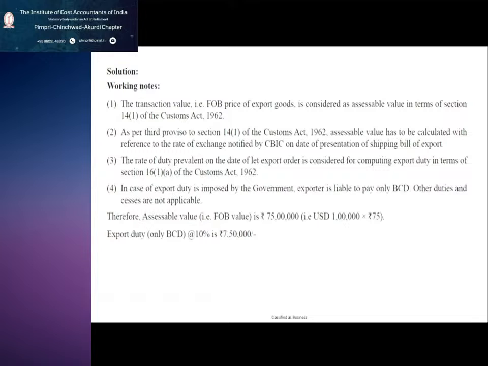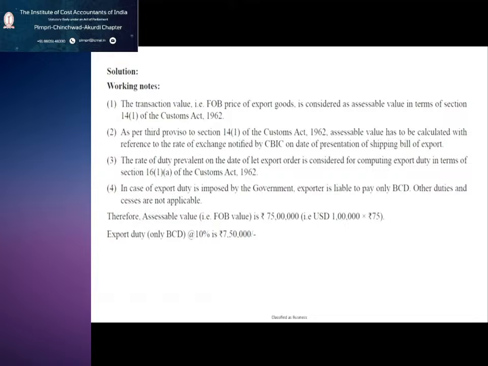So in this, what is mentioned is that the transaction value, the FOB price of export goods, is considered as the assessable value. Many times we might have come across the term assessable value in multiple transactions. So what is assessable value? It's nothing but our FOB price of export goods.